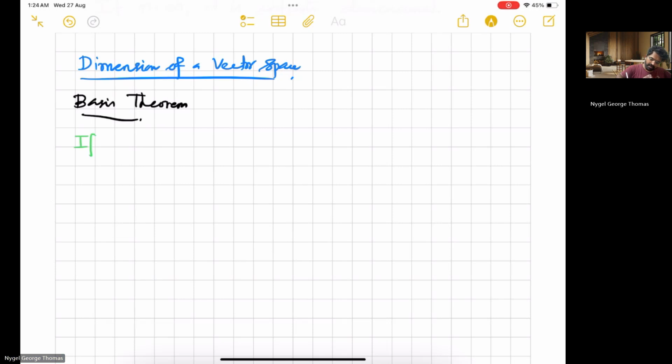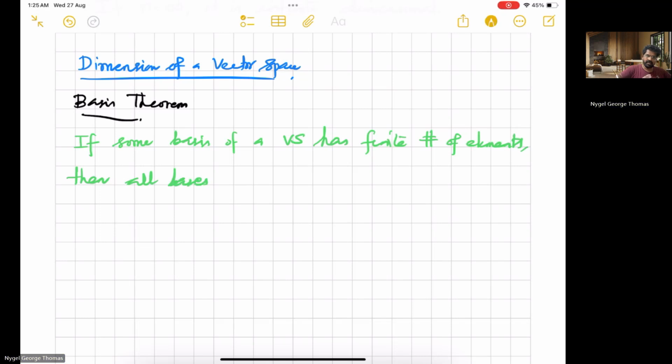If some basis of a vector space has a finite number of elements, then all bases have the same number of elements.